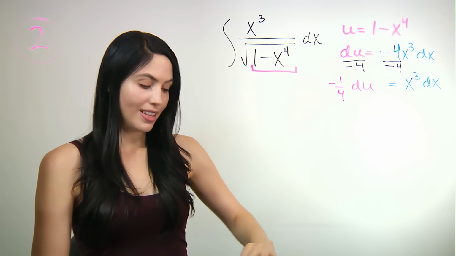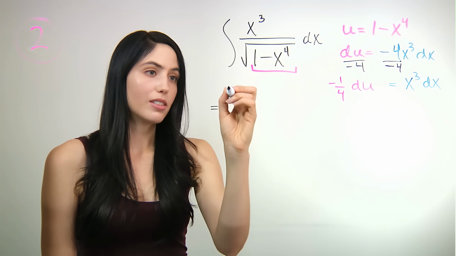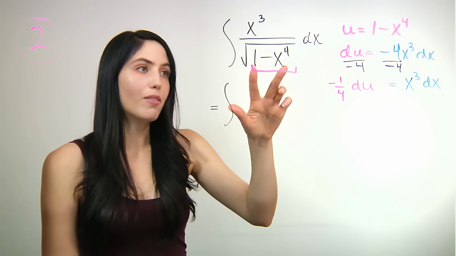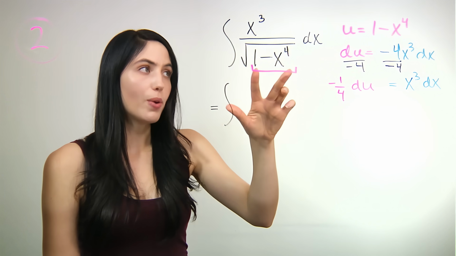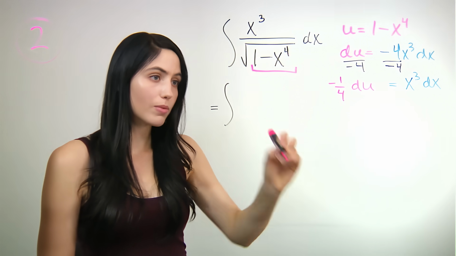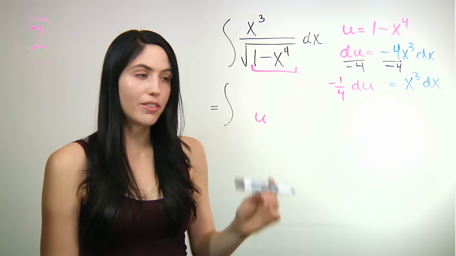So let's rewrite that. In the next line of work, you'll have equals integral. In place of 1 minus x to the 4th, you have just u. So in the bottom, you have a square root of u.